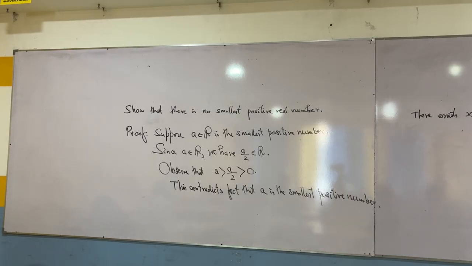Okay, what is the smallest positive real number? Can you cut a real number into pieces infinitely many times? Can you cut a real number into 2 pieces? I don't understand what that means.